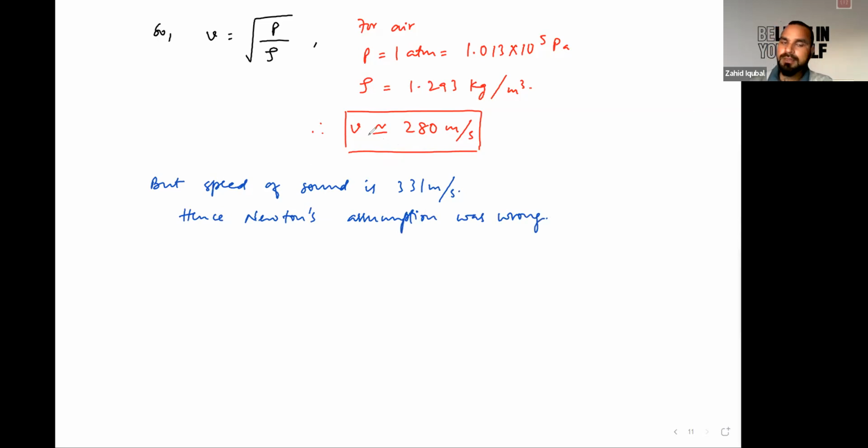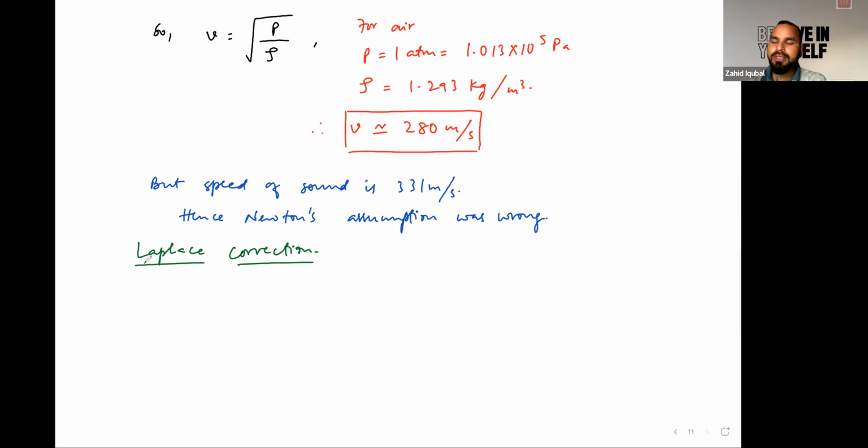So next, to correct this particular explanation, we may define Laplace assumption, which is called Laplace correction to the velocity of wave or longitudinal wave. According to Laplace, propagation of sound is adiabatic in nature or adiabatic process. Why? Since in sound propagation, there will be formation of compression and rarefaction, which takes place very fast or rapidly.